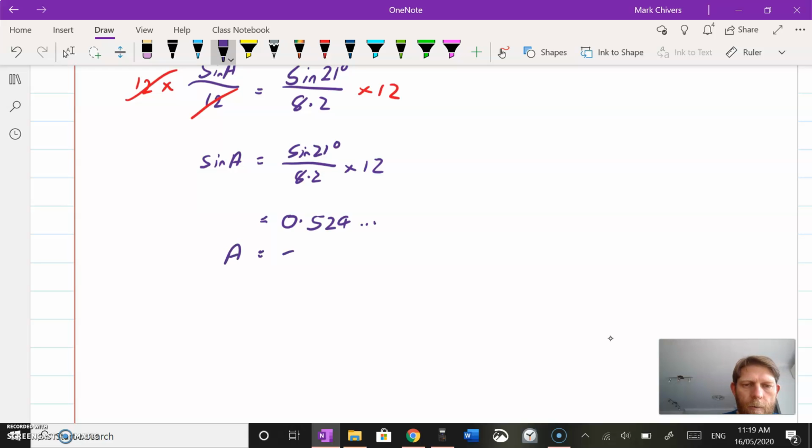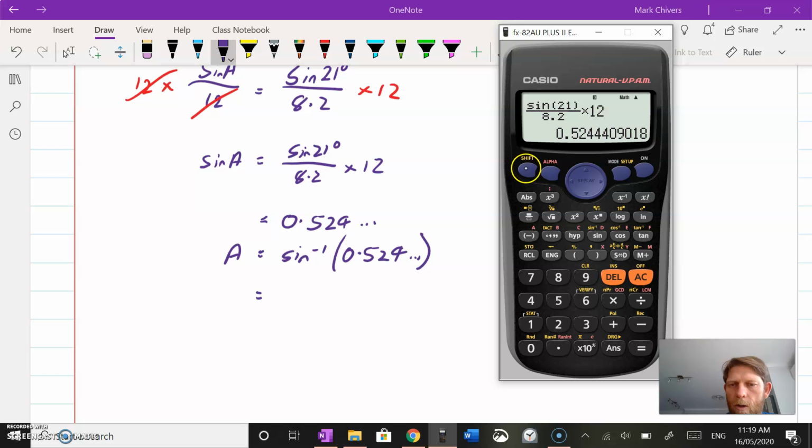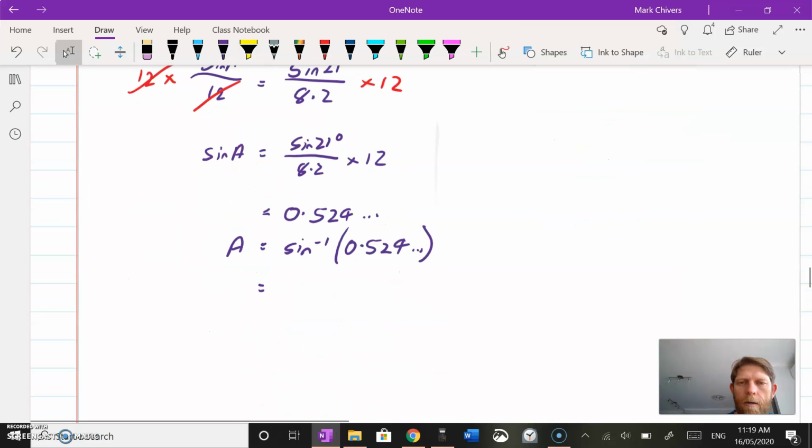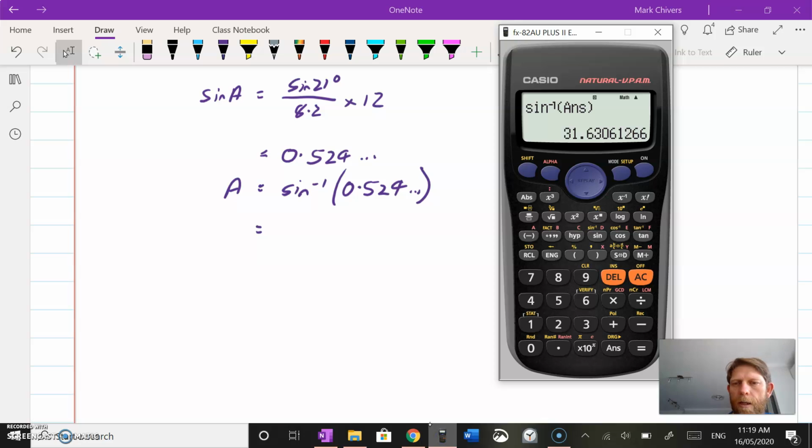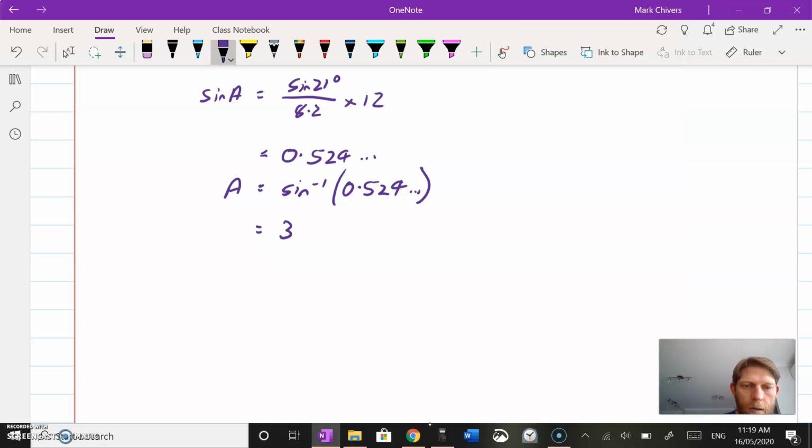So A is going to equal sine to the minus 1 of 0.524... And so we go shift sine of the answer. Try to use that method. I'm going to get 31.63. Now what does it say in here? To the nearest degree. So in this particular case it's 32 degrees to the nearest degree.